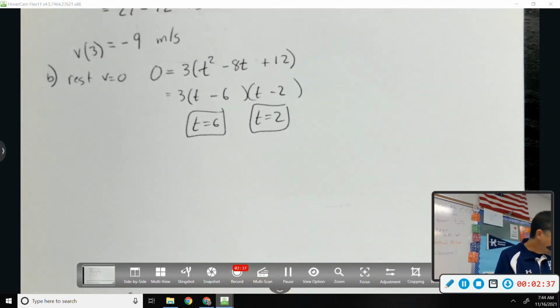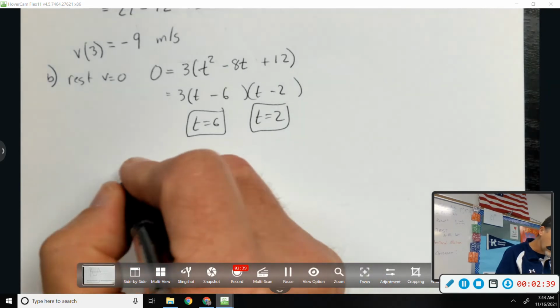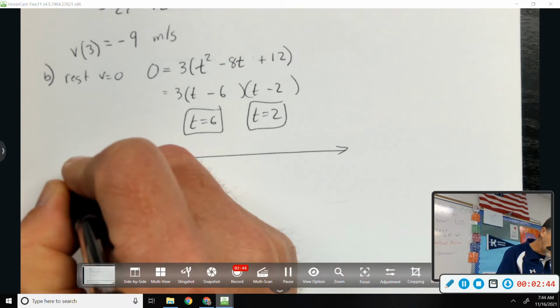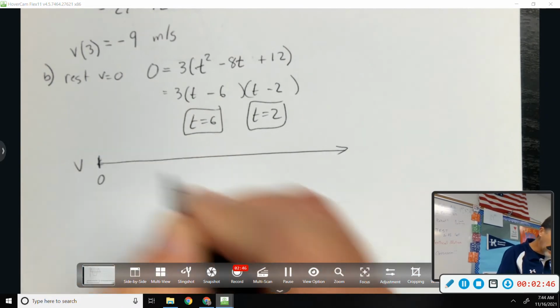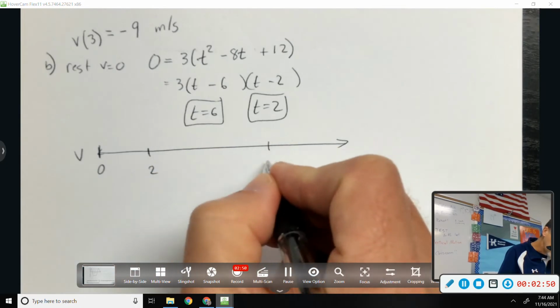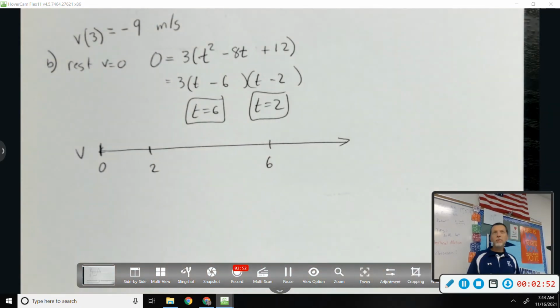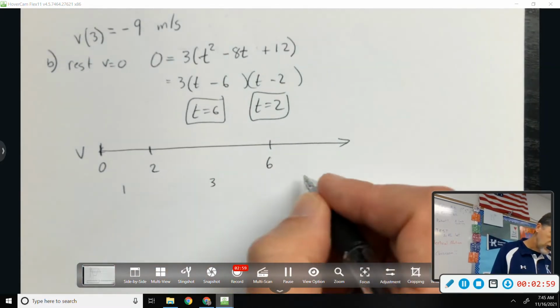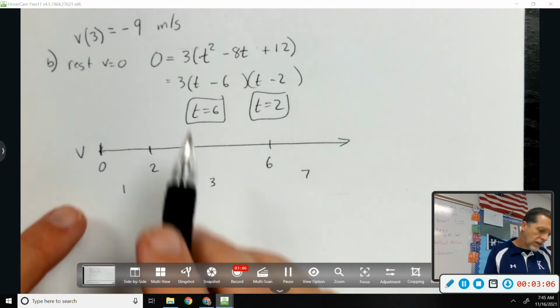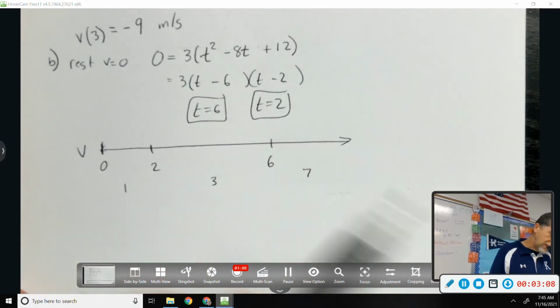When is the particle moving to the right, to the left? Justify your answers. Okay, so I need a number line then. A velocity number line. And again, I don't have to go past 0. And then 2 and 6 are my critical points for position, because it might be changing directions there. So I'll try 1 and 3 and 7 as test points into velocity.